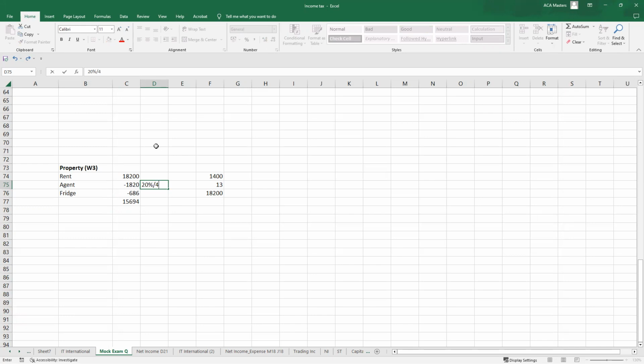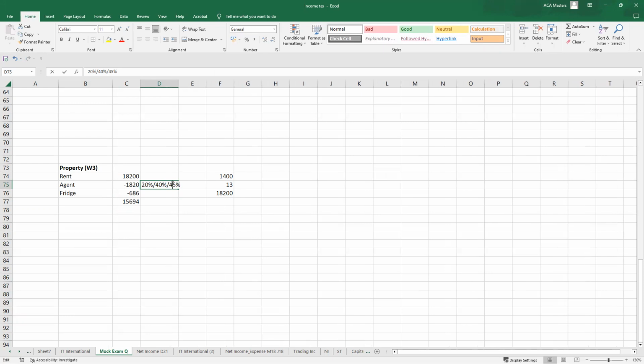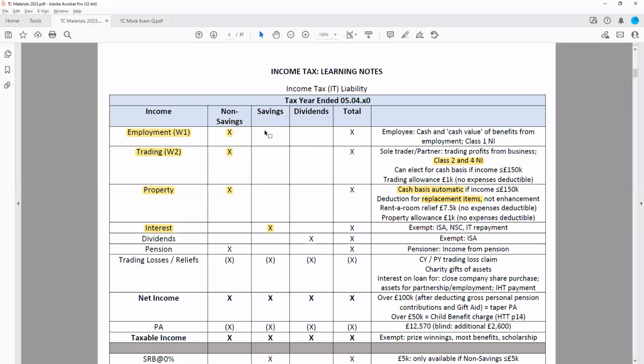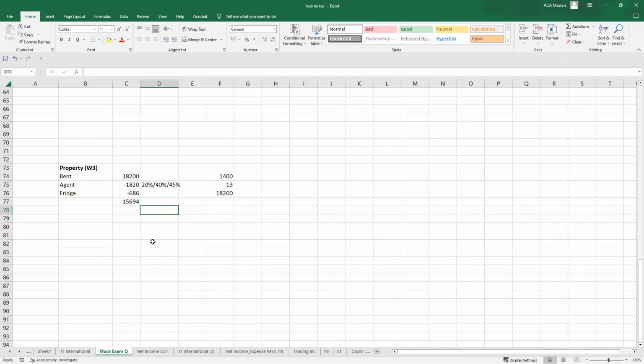If you're higher rate, every expense saves you tax at 40%, and if you're additional rate, then obviously at 45% based on current rates. So an individual who pays tax at higher rates is saving more on each pound of expenditure than somebody at the basic rate. And there are a lot of property investors with highly leveraged properties saving tax at very high rates. Therefore, the government said that from now on, everybody saves tax at the basic rate, so at 20%.